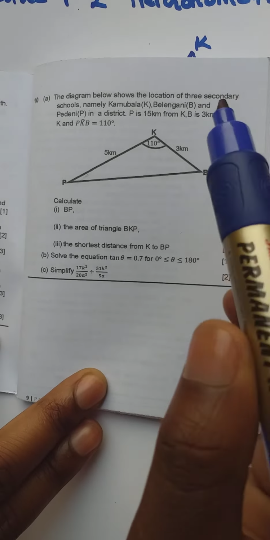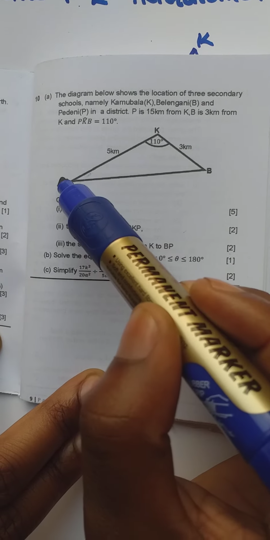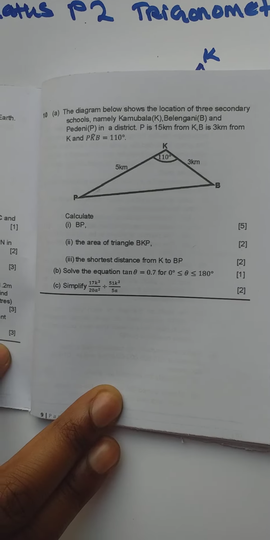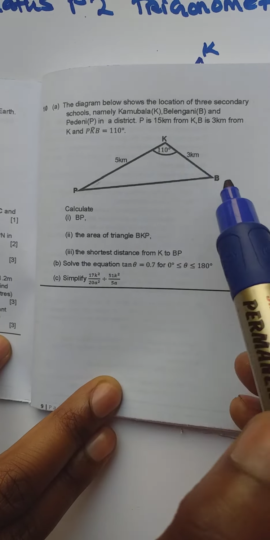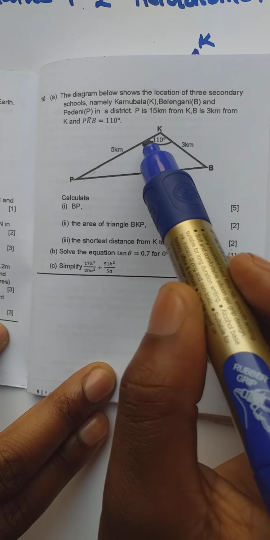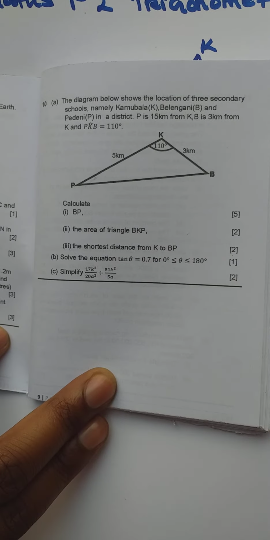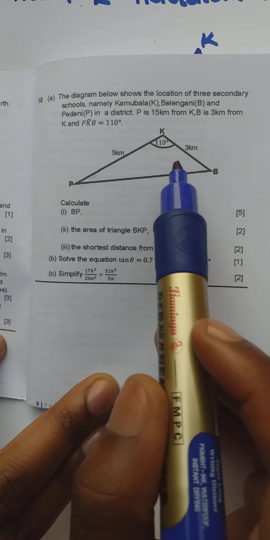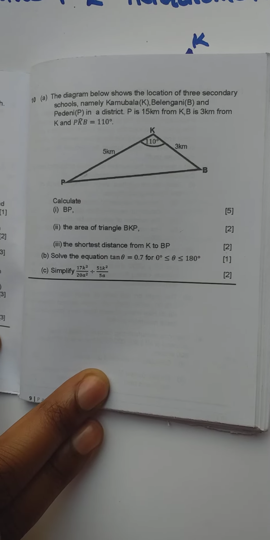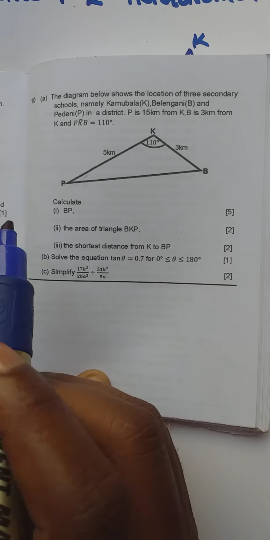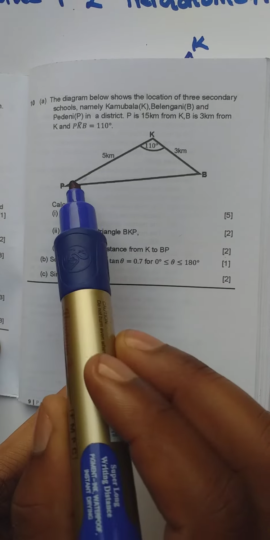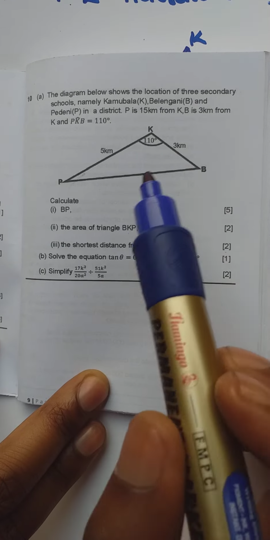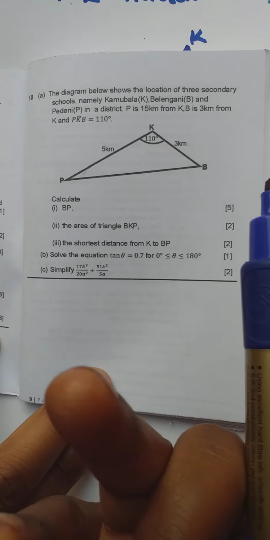In this case, we have been given the distance PK, which is 5 kilometers, and the distance KB, which is 3 kilometers, and there's an angle of 110 degrees here. What they want us to calculate is the distance from P to B. So what you will notice is that this question, including what we want to solve for, the distance PB, is dealing with three sides.